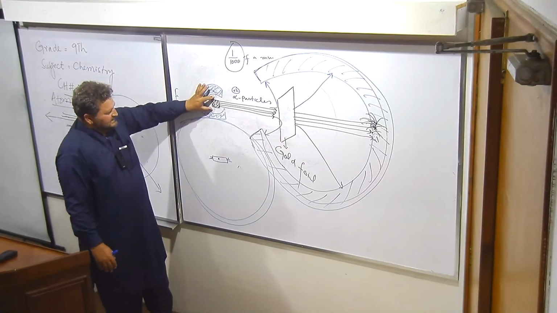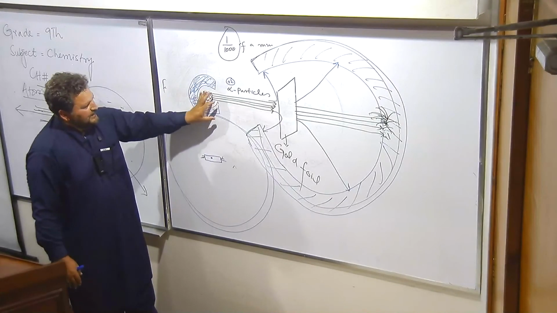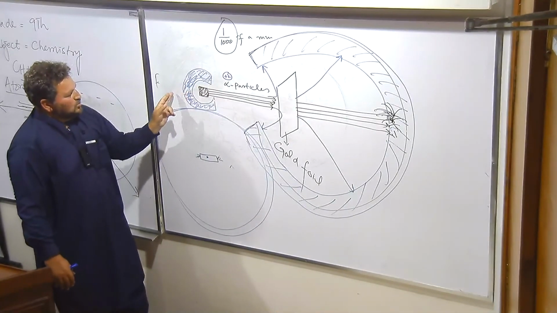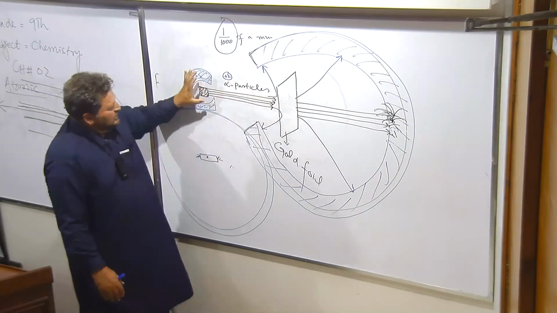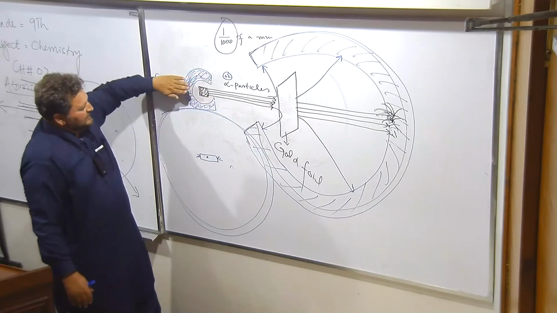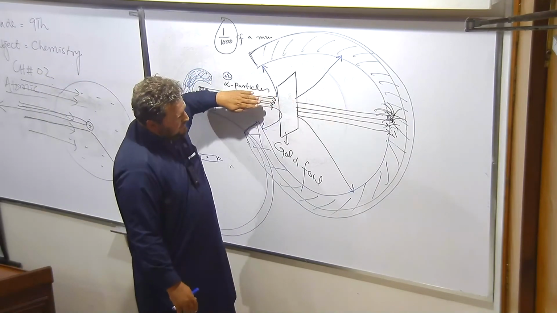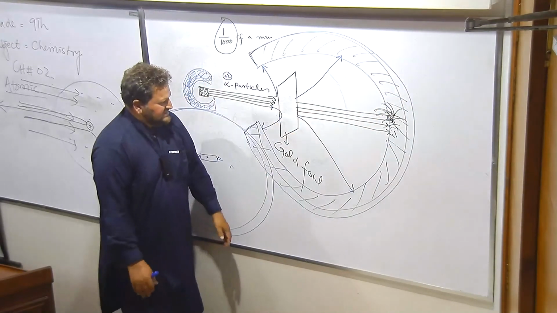He took radium as a radioactive source and enclosed it in a lead block. Actually, lead stops all the radiations going out in other directions and allows the radiation only through its open end. When this radiation passes through the gold foil and strikes the screen, it produces fluorescence.